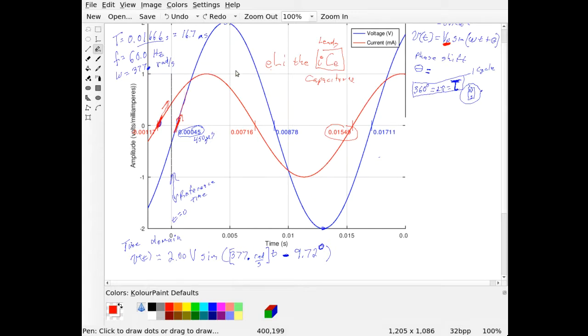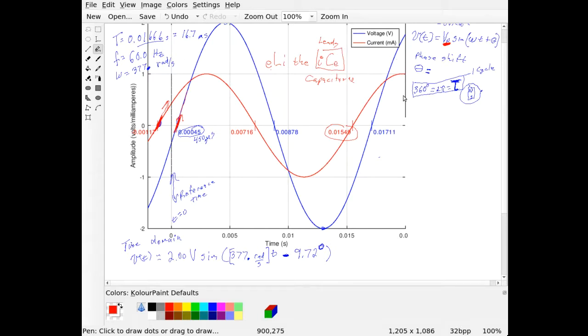But we'll get into that a little bit later, but I know that we definitely have some resistance also in this circuit. But just very, very quickly, I can look here and see that the current is ahead of the voltage, so I have capacitance in my circuit.